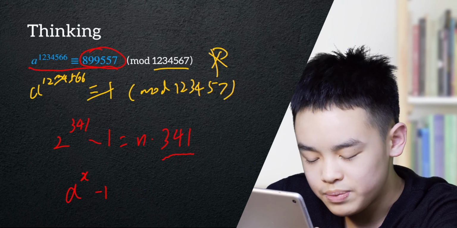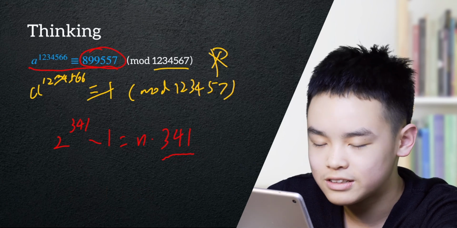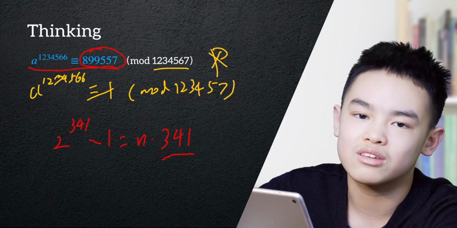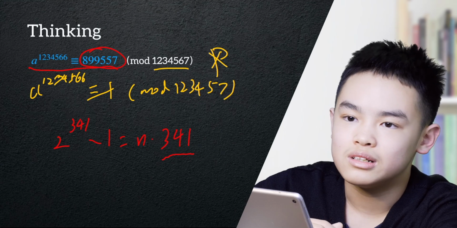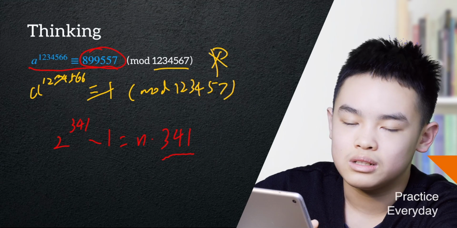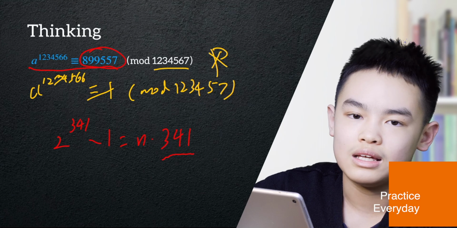So there are big troublemakers when you try to use Fermat's theorem upside down. So this will be as far as we'll cover today, and see you next time.